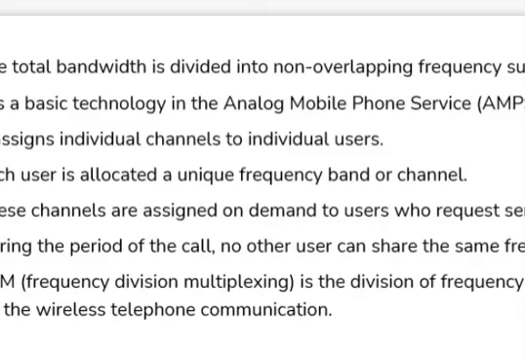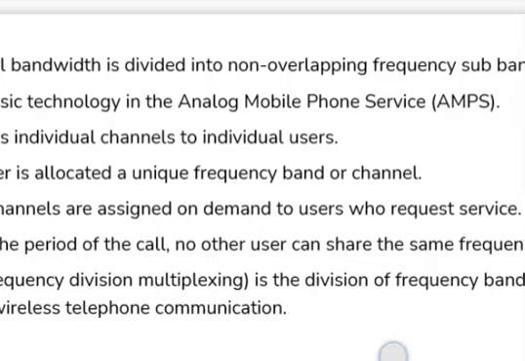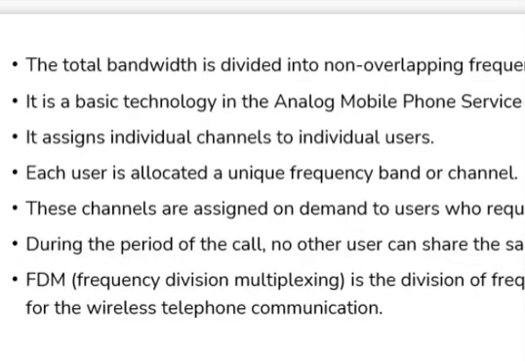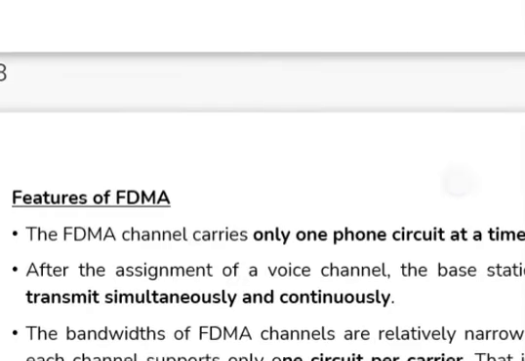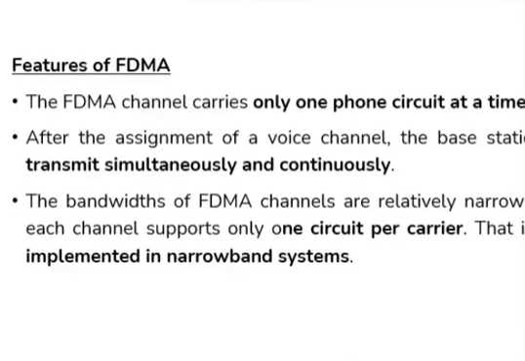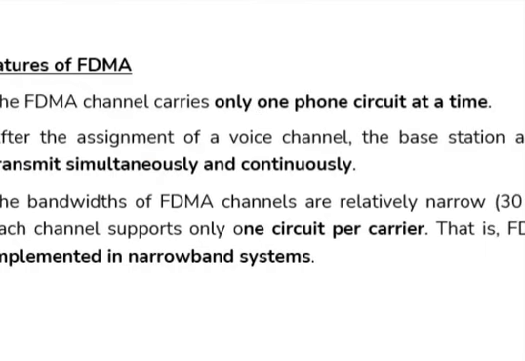During the period of the call, no other user can share the same frequency channel. It is the division of frequency band allocated for the wireless telephone communication. An FDMA channel carries only one phone circuit at a time.